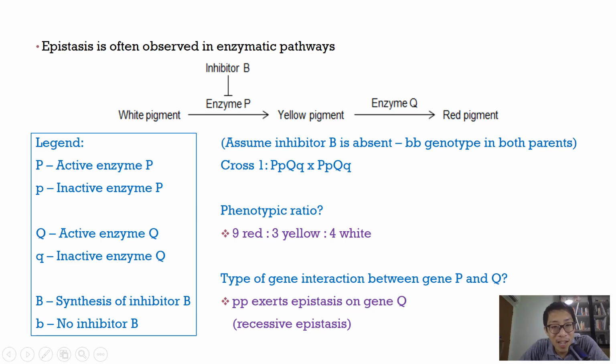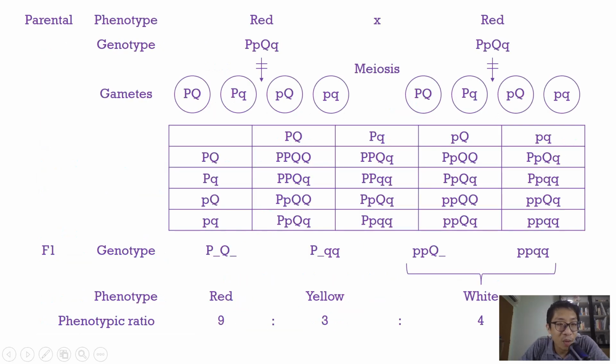Small p means that there is inactive enzyme P. Like I said earlier, when enzyme P is inactive, it masks the expression of Q, because you will be white as long as enzyme P is inactive, regardless of whether we have active or inactive enzyme Q. To put it in a genetic diagram, of course you should draw it yourself, and you can check against mine if you want to.